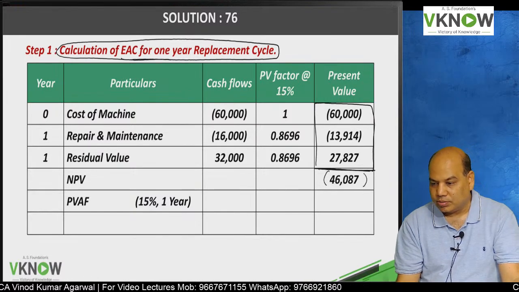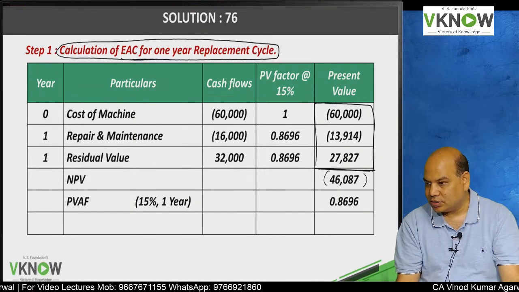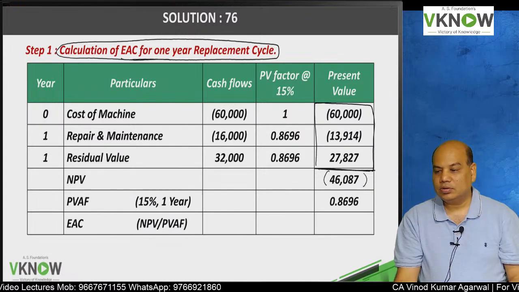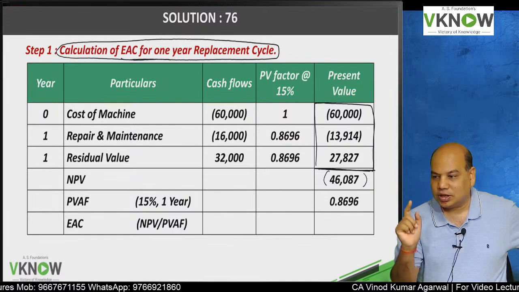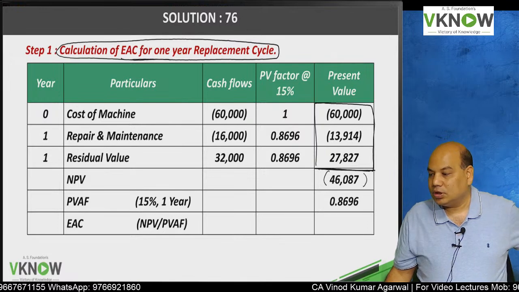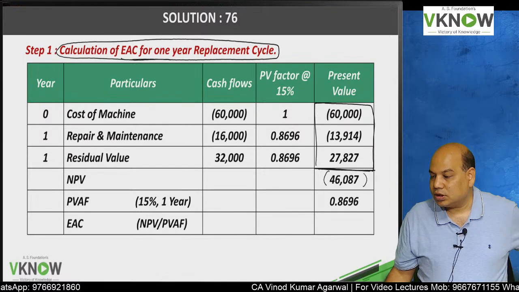Then write down next, PV annuity factor, 15% for 1 year, same factor, 0.8696. So now you please reply. What will be EAC? You will reply, then only I'll move ahead. EAC, come on, fast. 46,087 divided by 0.8696.